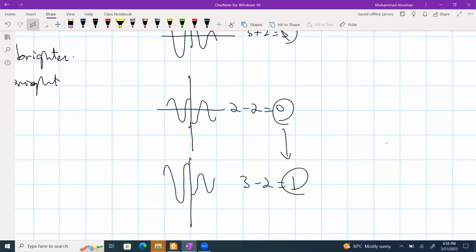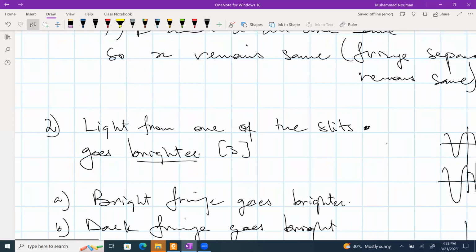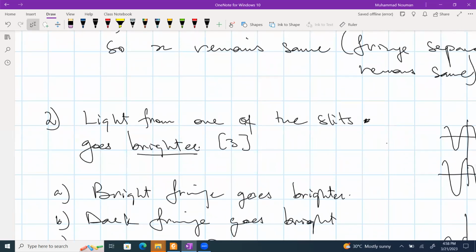In all the cases, if the displacement or amplitude from each slit is different, we definitely will not get 0. It means the dark fringe, whether you make one of the slits brighter or dimmer, in both cases goes brighter. Understand? And X would remain the same.